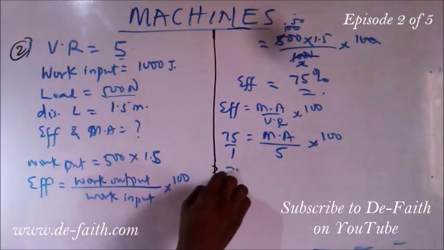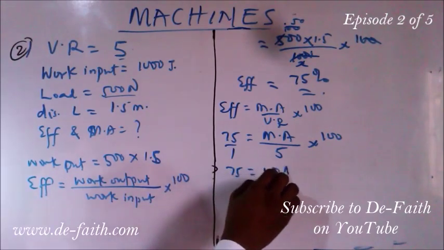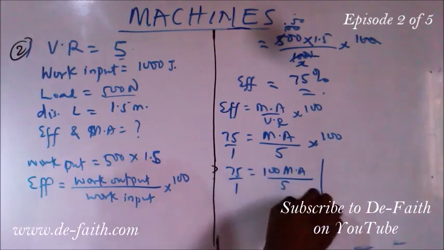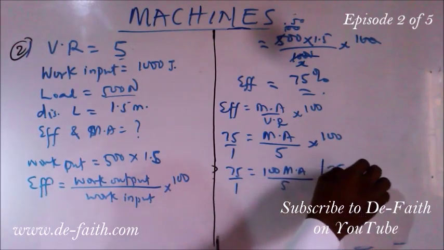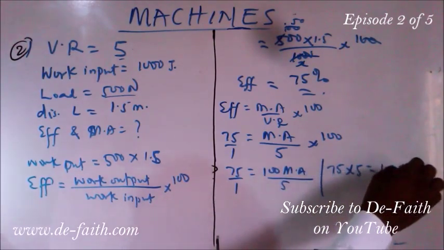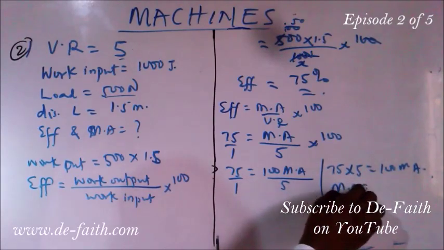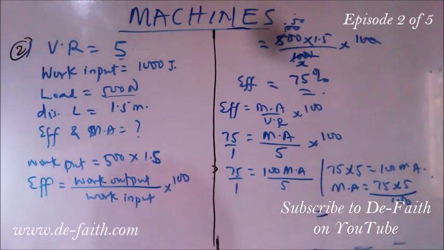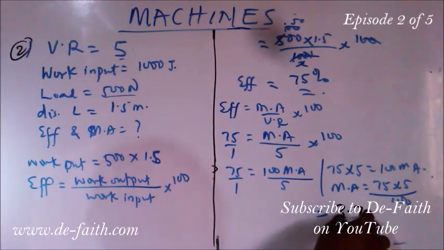So we have 75 equal to 100 times mechanical advantage over 5. When we cross multiply, we have 75 multiplied by 5 equal to 100 times mechanical advantage. So mechanical advantage would be 75 times 5 over 100, and that would give 3.75 as the mechanical advantage of this machine.